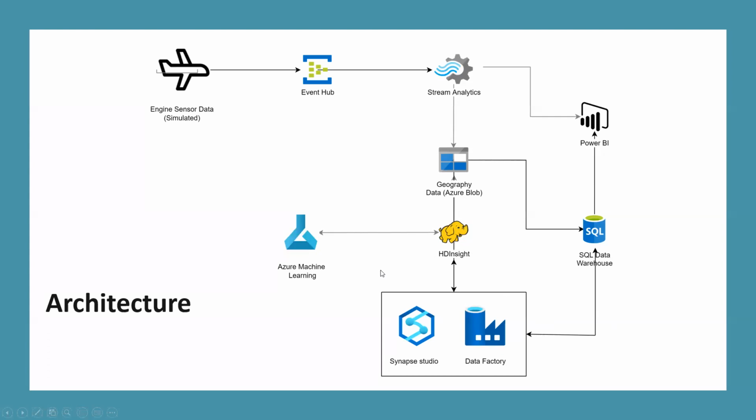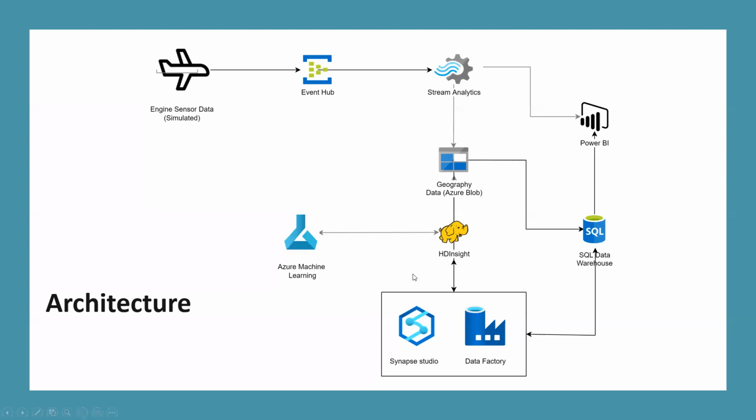Then Azure Machine Learning predicts potential failures based on real-time data from Stream Analytics. Once all these steps are done, we use the Azure SQL Data Warehouse to store prediction results received from Azure Machine Learning. So the machine learning can send data to this SQL Data Warehouse where we can store it, and you can use Power BI to connect to SQL Data Warehouse, access the data, and build the dashboard.